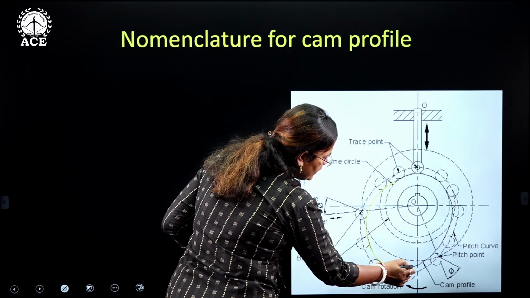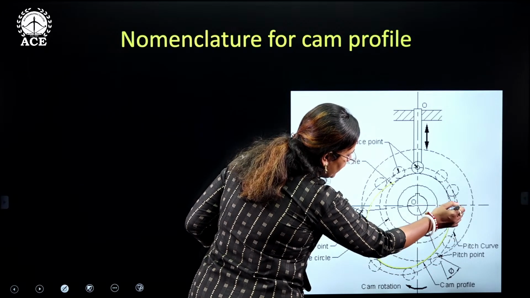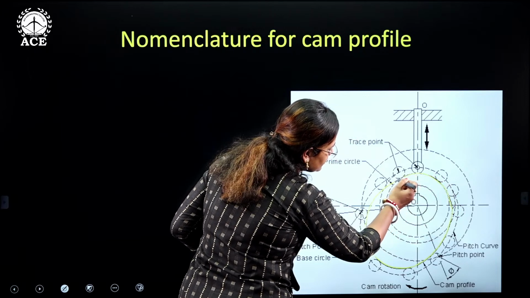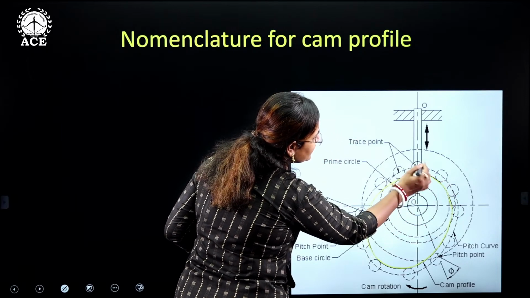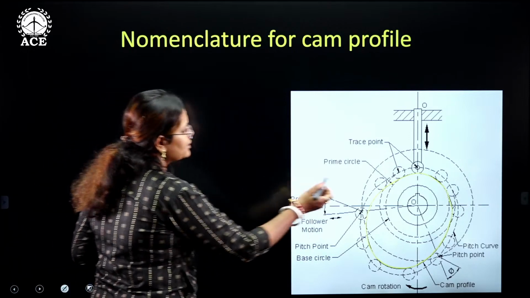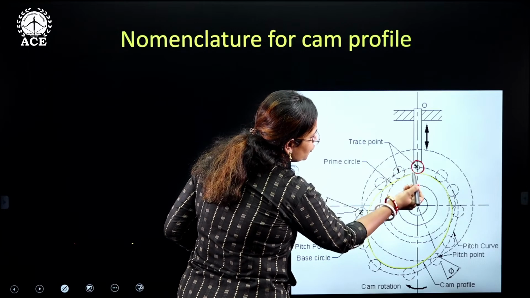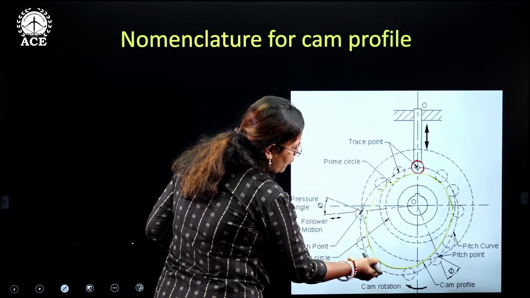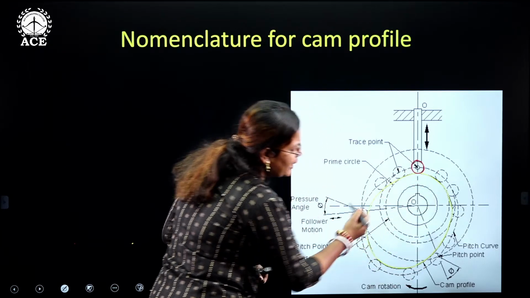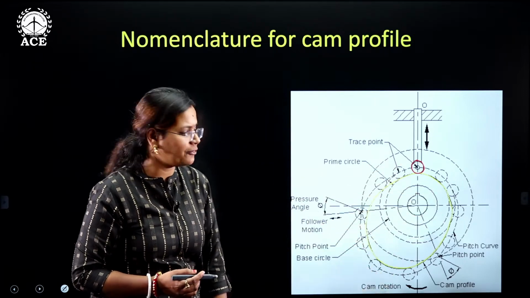On this cam profile, you can see the roller follower is able to follow the path. This is the roller follower that is given over here. You can see all through, the roller follower is following this particular profile. Hence this particular curve is called the cam profile.